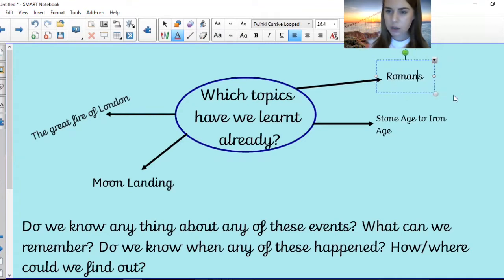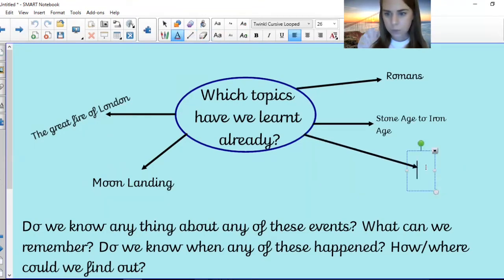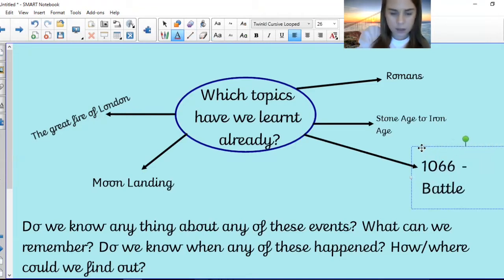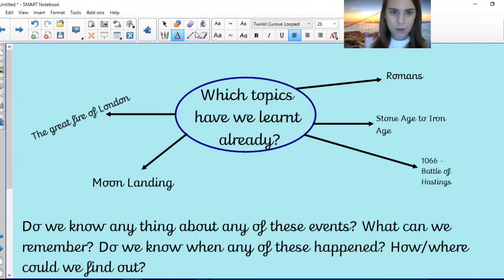What else have we done? What did you do in year 4? 1066. What was 1066? Well done, Battle of Hastings. You did, I believe, the Anglo-Saxons in year 4. That comes into that.